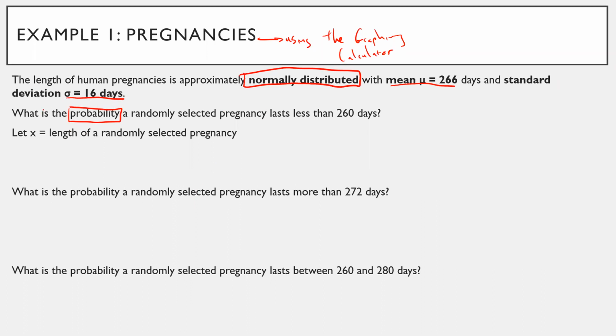So here's the first one. What is the probability that a randomly selected pregnancy lasts less than 260 days? When you do this using your graphing calculator, you're still going to need to do these steps. The first thing you need to do is define the variable.